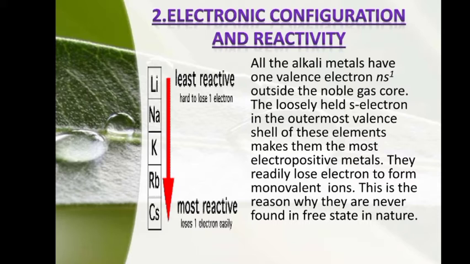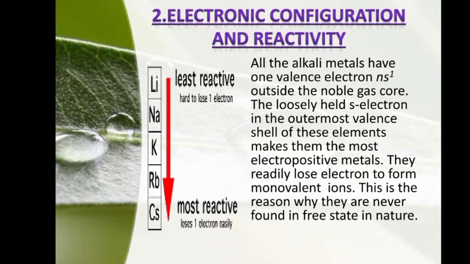So, if we check the reactivity, we know the valence shell, that is the s orbital, contains only one electron. So, it is a very loosely bound electron because it is the valence shell electron. So, it can donate one electron so easily. Hence, they are electropositive metals. We know if an atom donates one electron, it will become positive in nature.